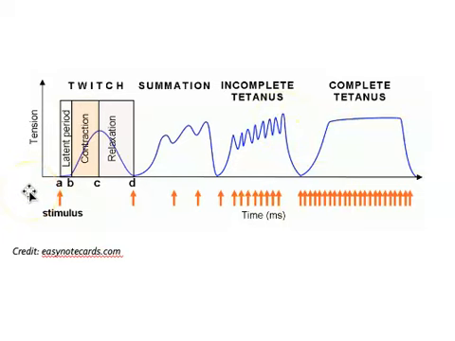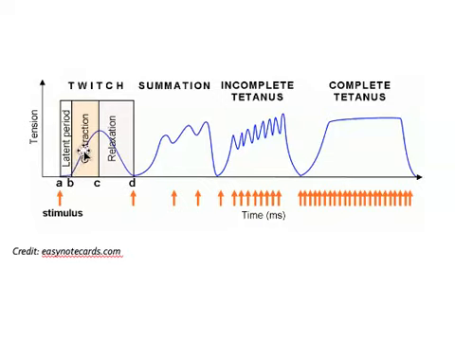Start with the twitch. Remember, the first thing we do is we apply the stimulus. We apply the action potential, essentially. At the neuromuscular junction, there's a little bit of a latent period because it takes time for everything to get geared up. And then we start to see contraction. We start to see each one of the sarcomeres in the muscle fiber shortening.